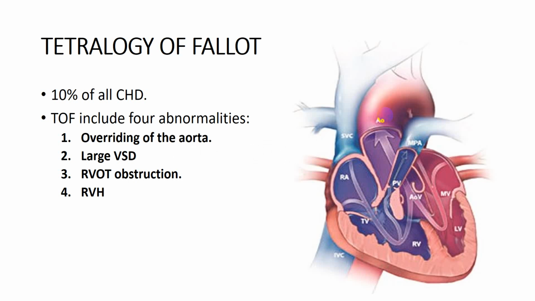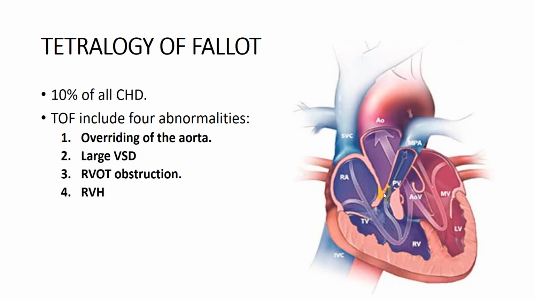Tetralogy means 4 components. It's composed of overriding of the aorta, that means the aorta overrides the interventricular septum. The second part is the large VSD, malalignment VSD. The third part is the RVOT obstruction, that means right ventricular outflow tract obstruction.